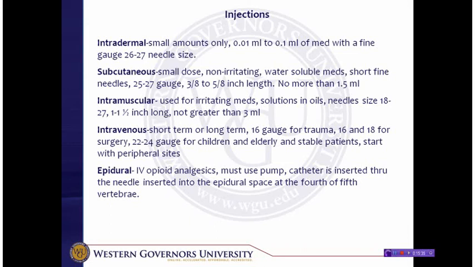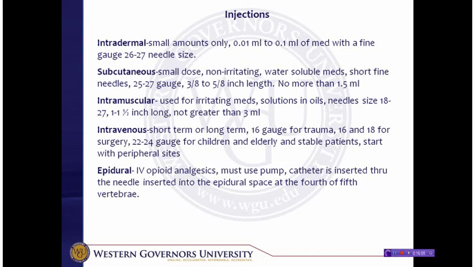Typically we use a 3/8 inch to 5/8 inch length needle because we're not introducing more than 1.5 mL of medication, and so we tend to use a 25 to 27 gauge needle. The most common subcutaneous injection that you're going to see is insulin. We do this a lot, patients do this a lot, and you'll see those insulin syringes.